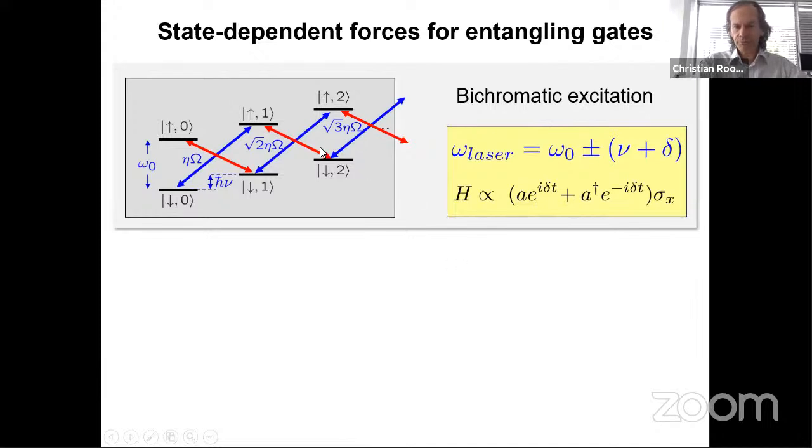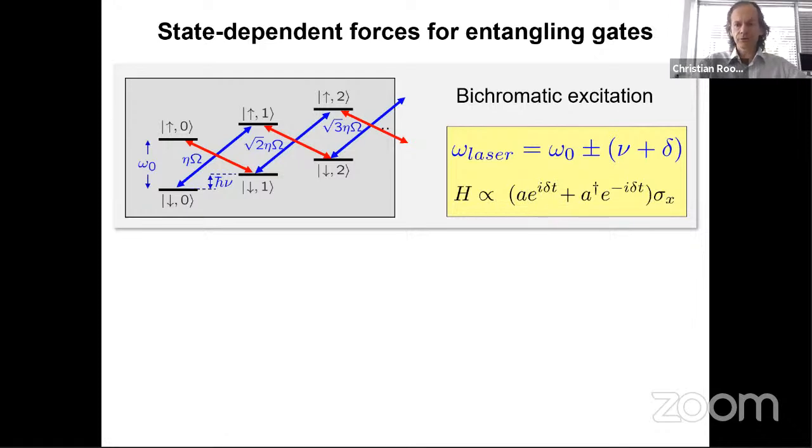Because now what I have plotted here is the case of this Mølmer-Sørensen gate, where the lasers are detuned from the intermediate states in such a way that the sum adds up to twice the qubit transition frequency. And you see that now we have here a Hamiltonian where the coupling to the motional state is described by this off-resonant excitation of the motion.